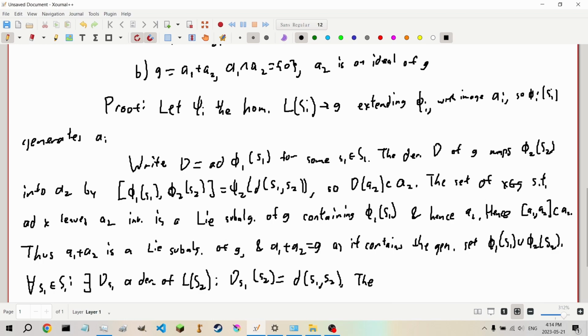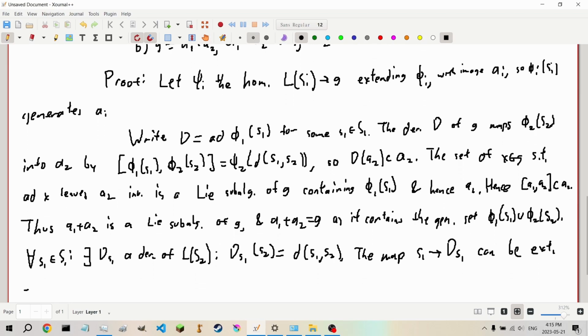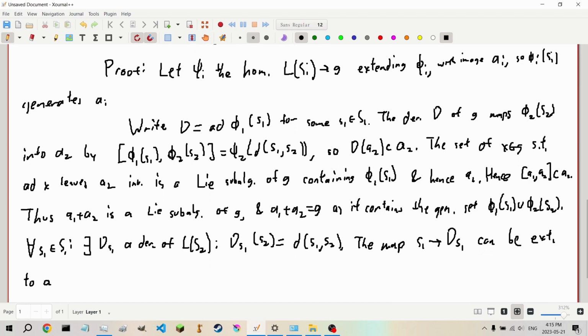Then the mapping of S1 into the derivations can be extended to a homomorphism D of L(S1) into the derivations of L(S2).